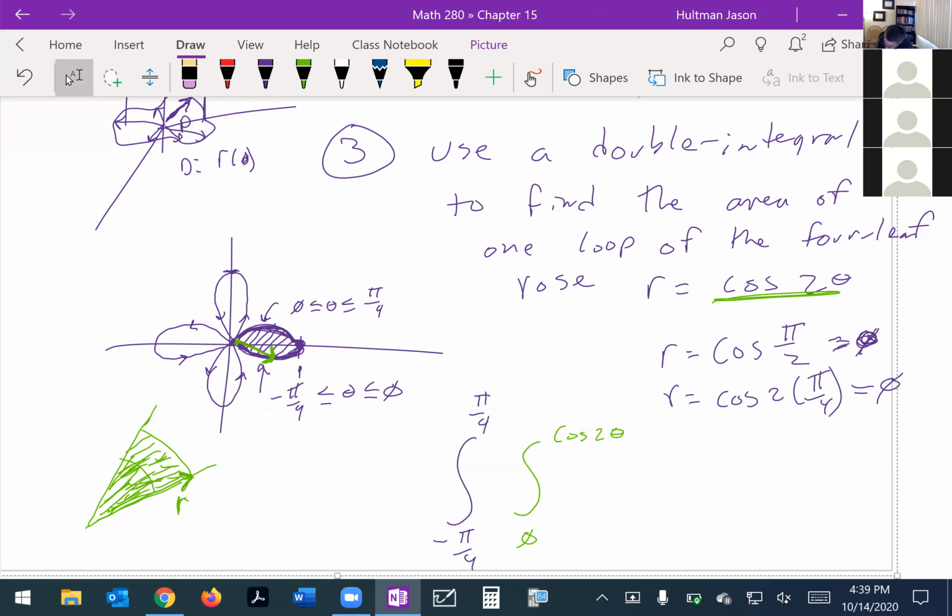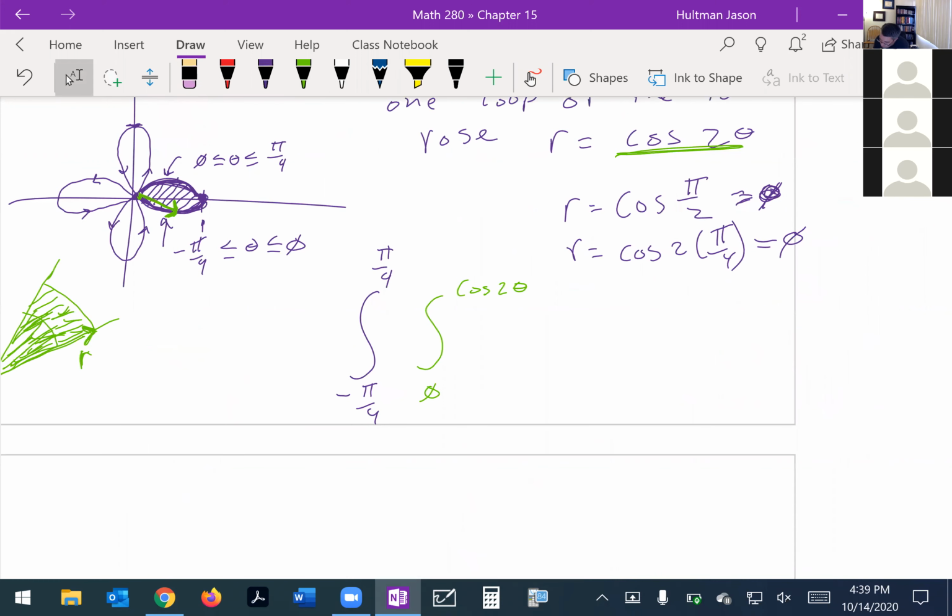At negative pi over 4, R is 0, and then it starts sweeping out. It's dictated by that function, how far out my vectors go. It sweeps out the whole thing.